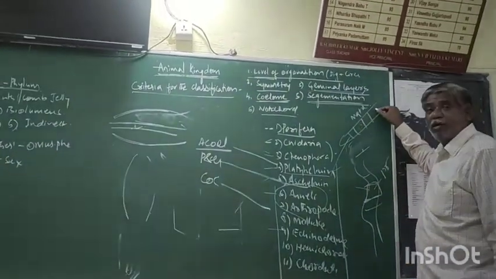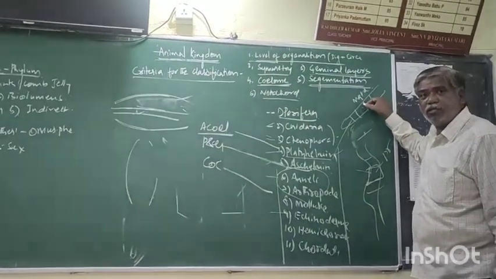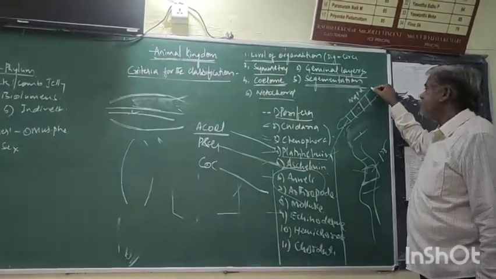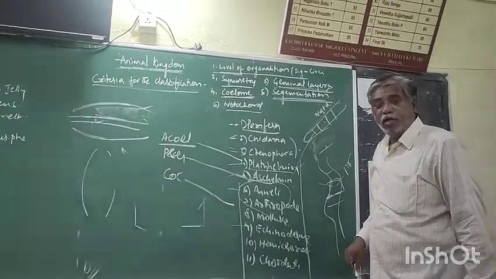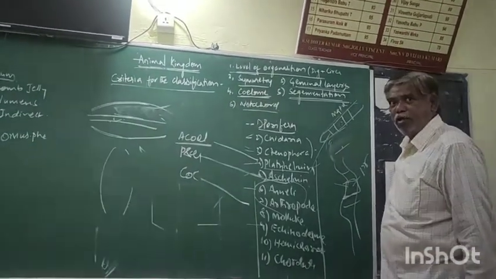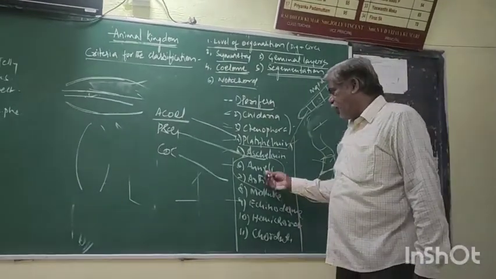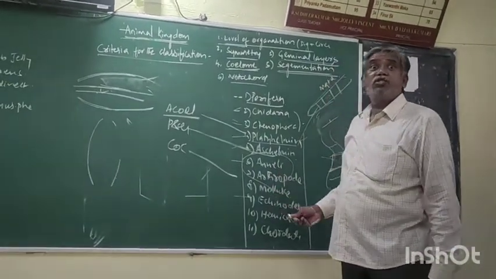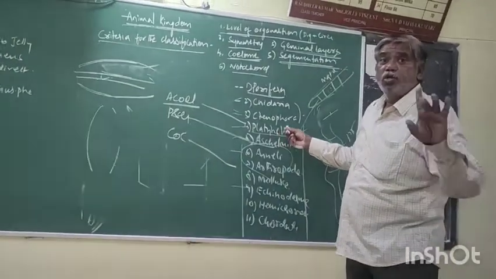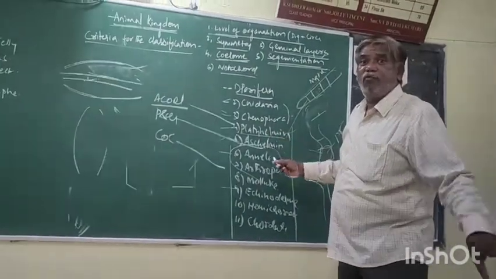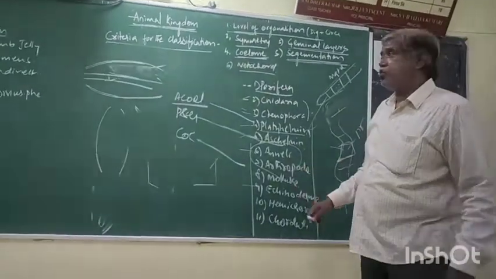Due to the presence of true segments, this is called metameric segmentation. Molluscs are not segmented. Some flatworms show segmentation, but it is false, hence called pseudo segmentation.